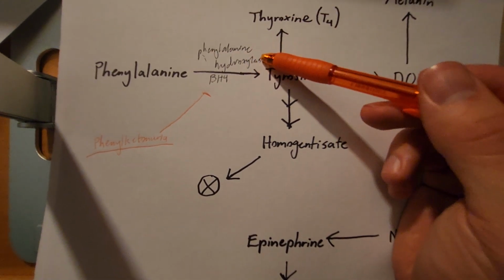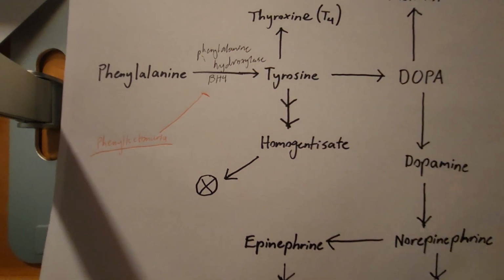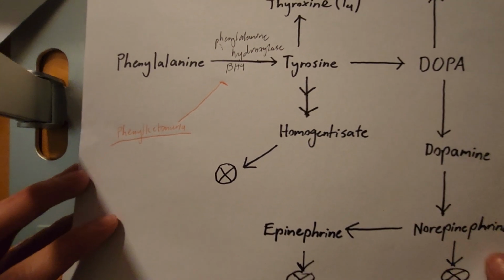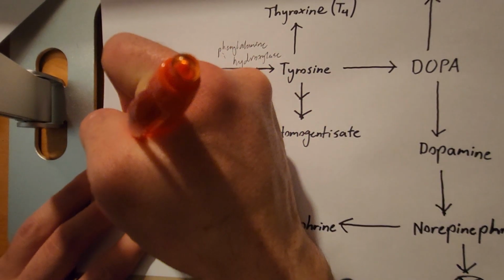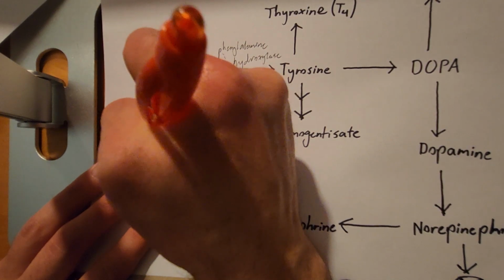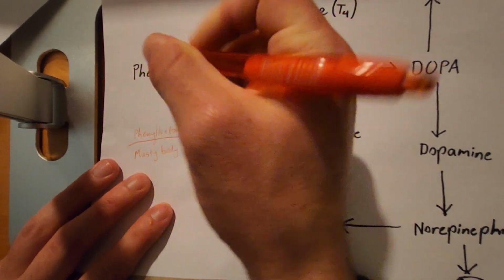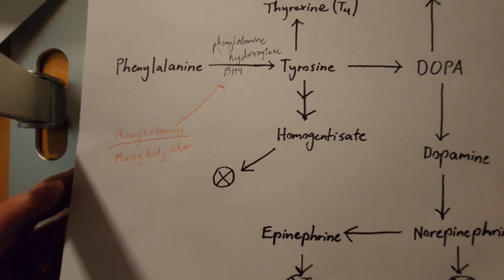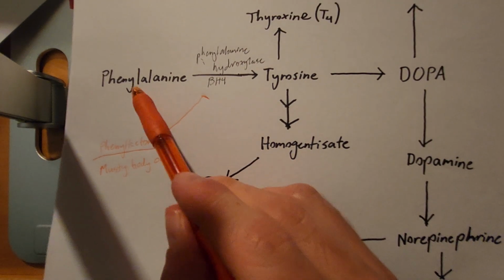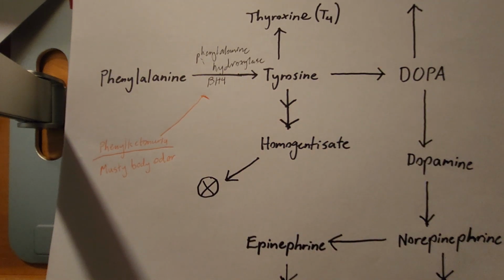You're probably going to see it more often with the enzyme, but just so you know, it could be either or. Phenylketonuria is essentially a developmental disorder caused by a metabolic disorder, but the most high yield, classic finding you're going to hear or see about it is a musty body odor or musty urine odor. And this is caused by the accumulation of phenylalanine because we're not producing any tyrosine.